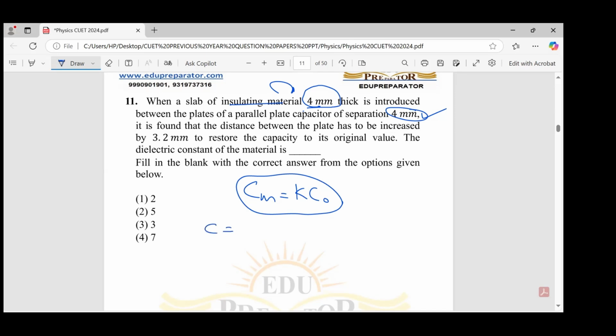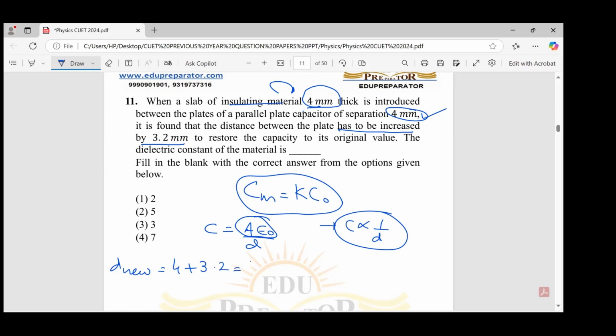And capacitance is equal to A epsilon naught by D. Because you are not changing A and epsilon naught, capacitance is inversely proportional to the distance. The question says the distance has to be increased to 3.2, so the new distance will be 4 plus 3.2, which is equal to 7.2. With this distance in the denominator and K as the dielectric constant, we can find the value of the dielectric constant.